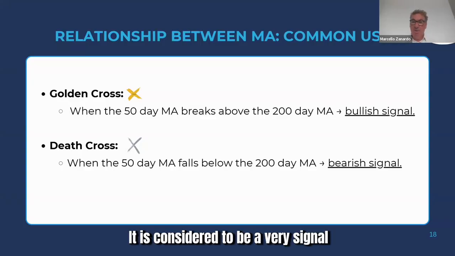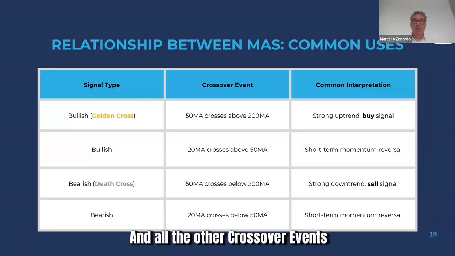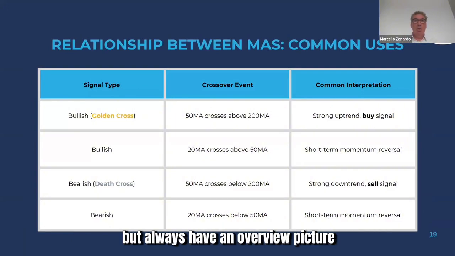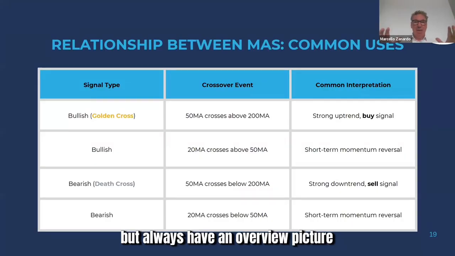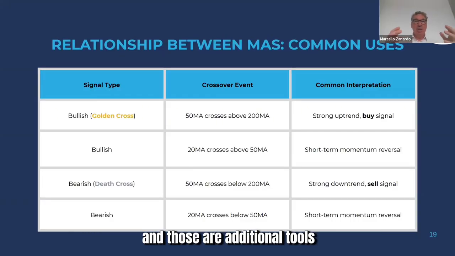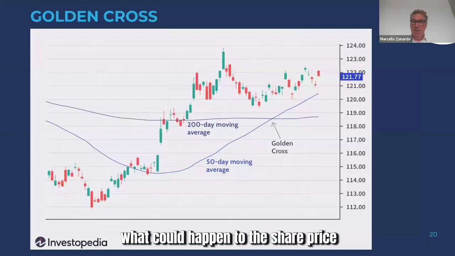It is considered to be a bearish signal, and there are all the other crossover events. Again, these are just tools which are very much used, but always have an overview picture of the market, of the sectors, of the stock belonging to the sector, and those are additional tools which are important to determine, in addition with the fundamental analysis, what could happen to the share price.